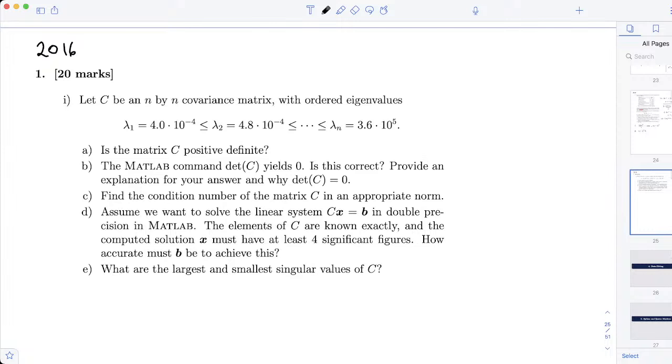Just on another note for positive definite, I haven't seen too many questions on this, but remember your other tests, like the diagonal dominance test. Basically, if the diagonal is of greater magnitude than the sum of the absolute values of all the other non-diagonal elements on the row, then there's diagonal dominance and you have a positive definite matrix.